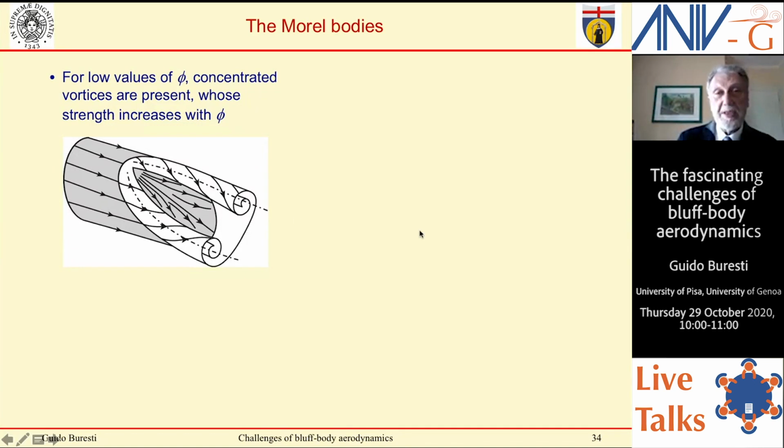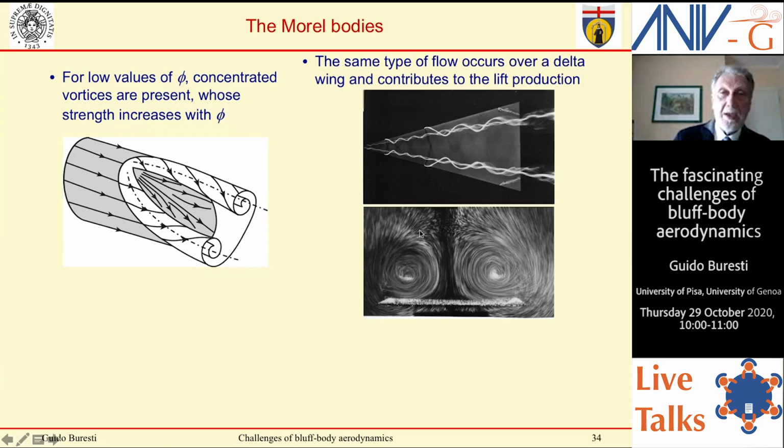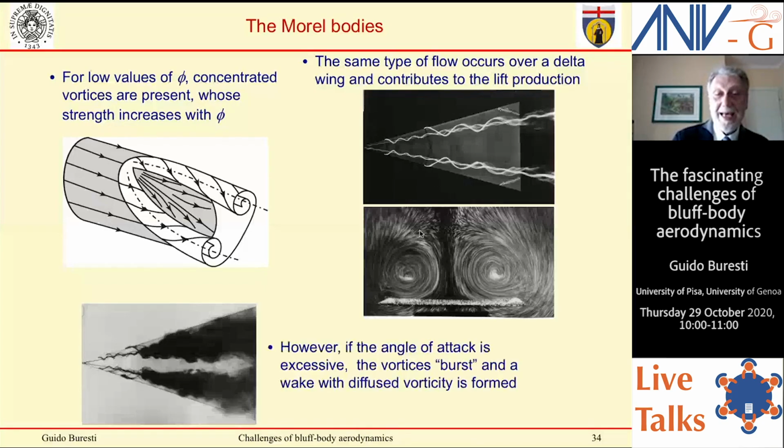These are very much the same as the type of vortices which occur over a delta wing at high angle of attack in landing conditions, for instance. But if the angle of attack is excessive, the vortices burst and a wake with diffuse vorticity forms.